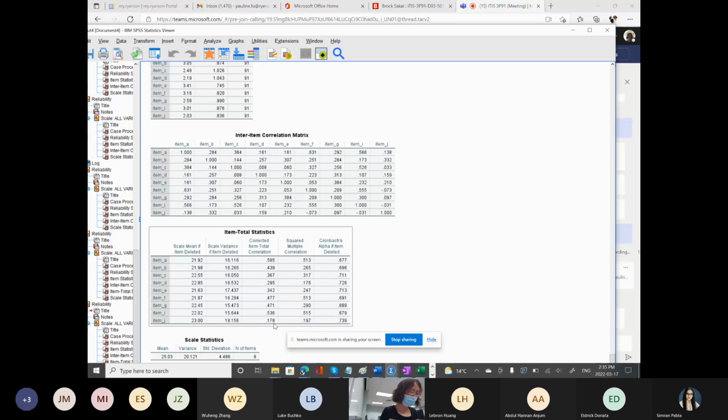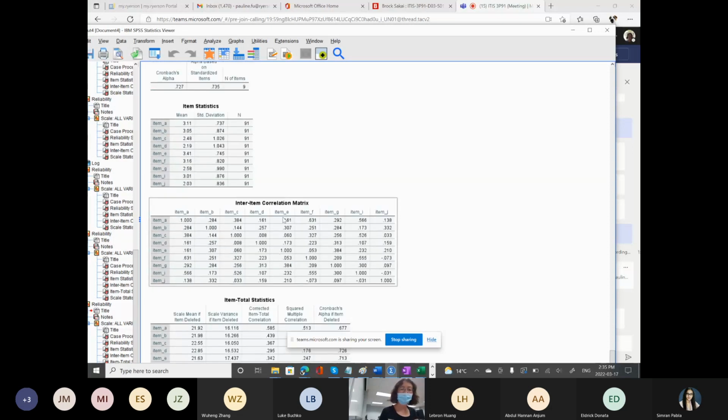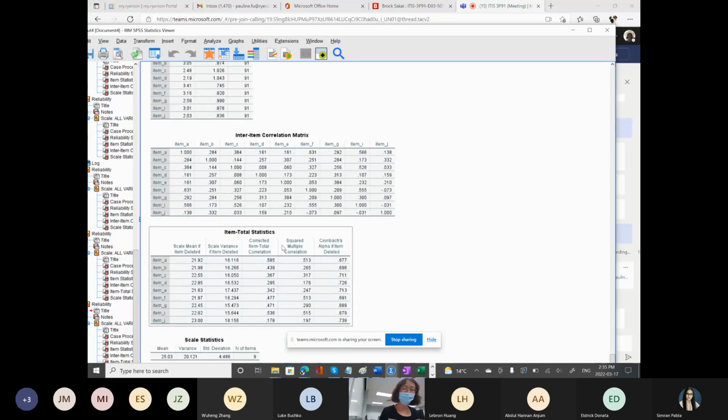Let's check Cronbach's alpha, still pretty good, 0.727, okay? So you can still be satisfied with this result. If not, you can delete item J and rerun this again, to achieve greater consistency.